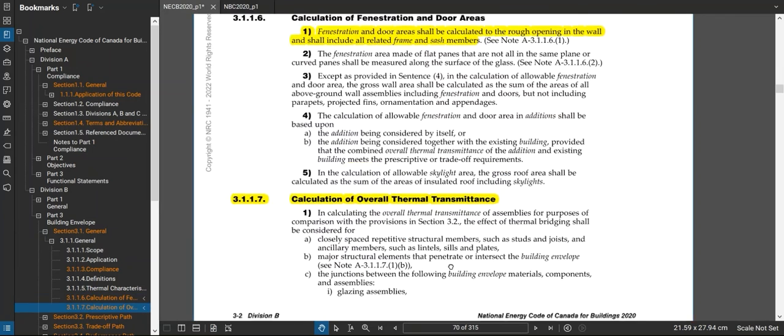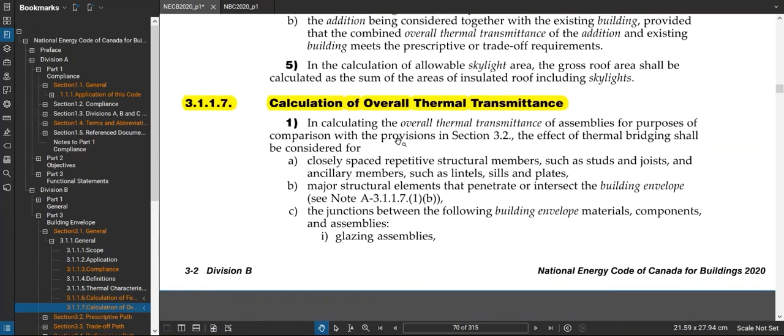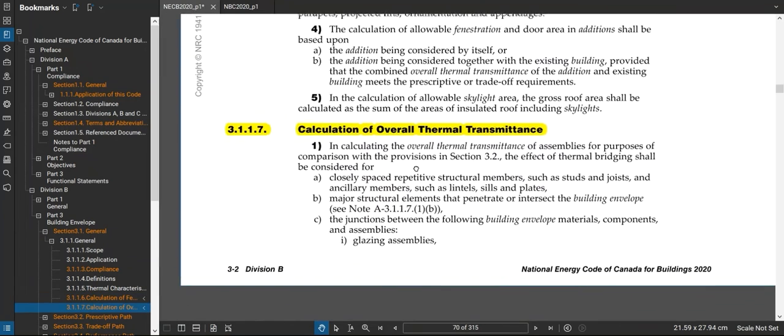This one's actually one of the more interesting articles because it's got a little bit of history to it of how it's changed over the years. So in calculating the overall thermal transmittance of assemblies for the purposes of comparison with the provisions in Section 3.2, the effect of thermal bridging shall be considered for closely spaced repetitive structural members such as studs and joists, and so on and so forth, lintels and sills and plates and all these things.